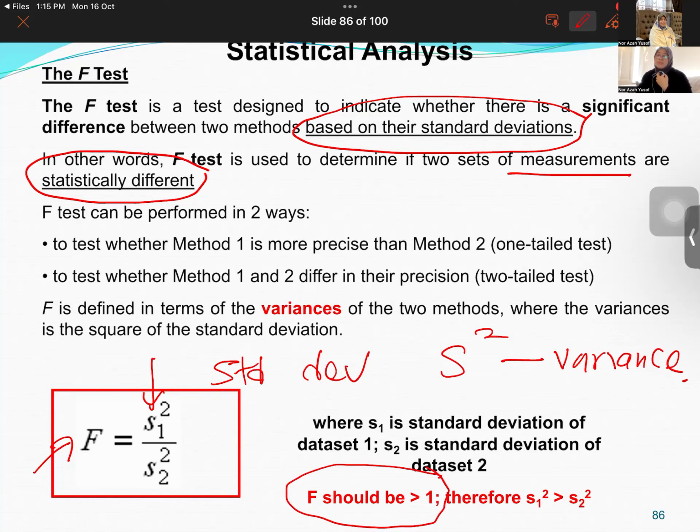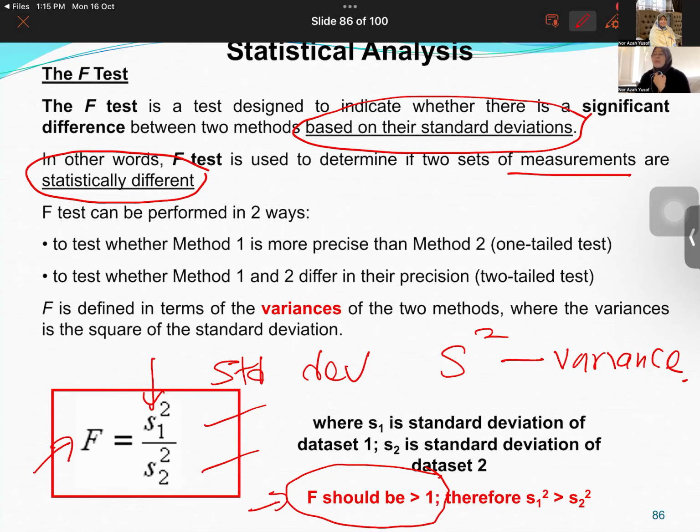Let's say my lab is considered lab 1 and the other lab that I want to compare is considered lab 2. I have to rearrange the values.